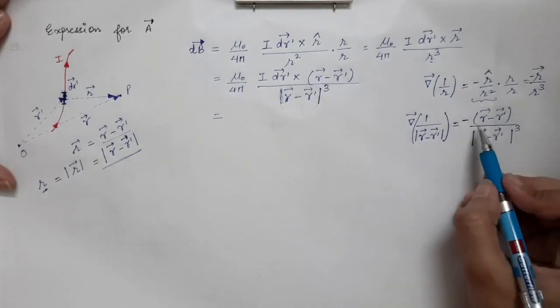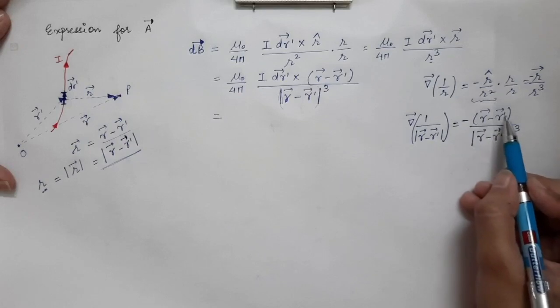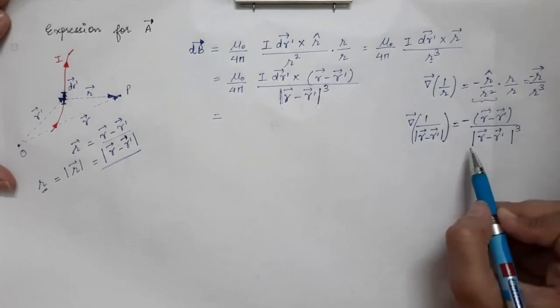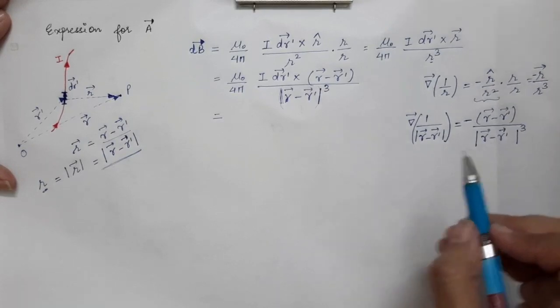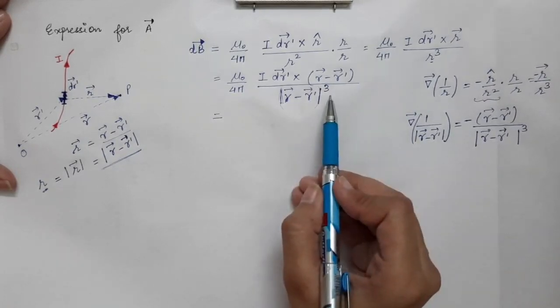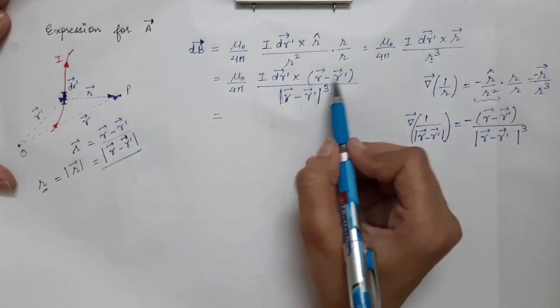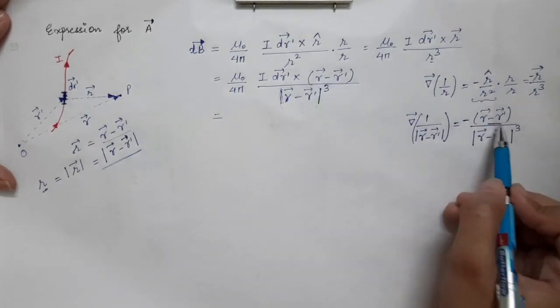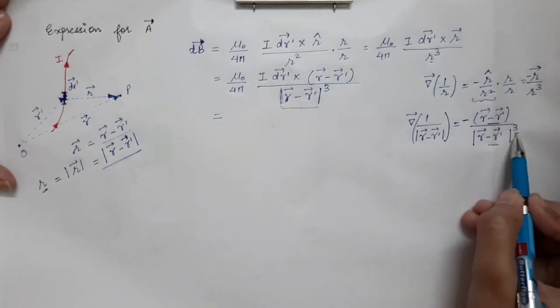So over here you can see that I have r vector minus r prime vector over the cube of the magnitude of r vector minus r prime vector. So you can relate this expression over here. You can see I have r vector minus r prime vector as it is, and the cube of the magnitude of this expression as it is.